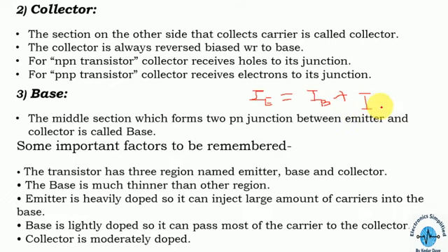This is the basic idea about the transistor, and it will be helpful for all the fundamentals of transistors. The emitter current will be the total of the base current and the collector current, and from this we can understand the two different current gains, alpha and beta, which are discussed in the next video. But this is the basic idea about the transistor.